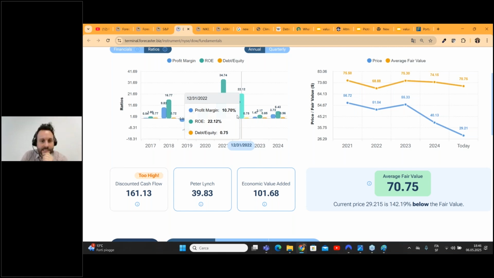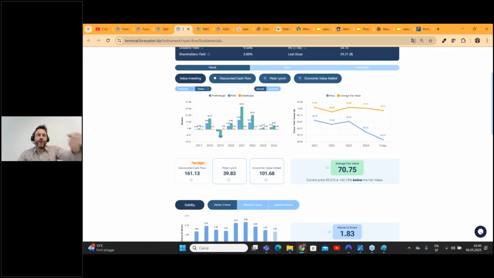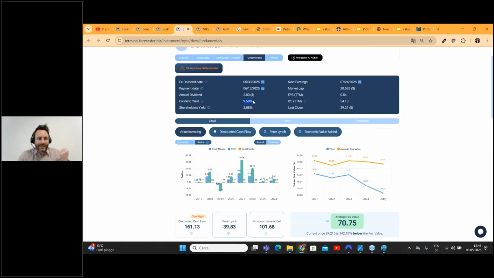Look, from 0.75 debt equity in 2022, it became 0.85 in 2023. It became 0.96 in 2024. As I told you, probably they are raising the dividend yield in order to attract the investor, but the reality is that the investors are paying by themselves for this very high dividend yield, okay, which is a nonsense.